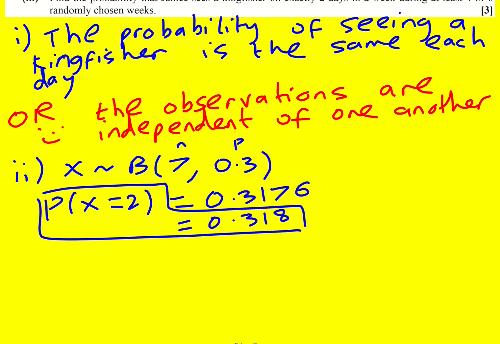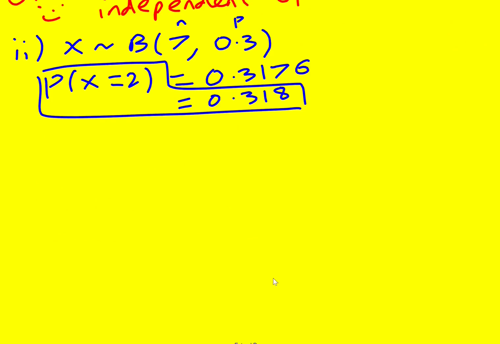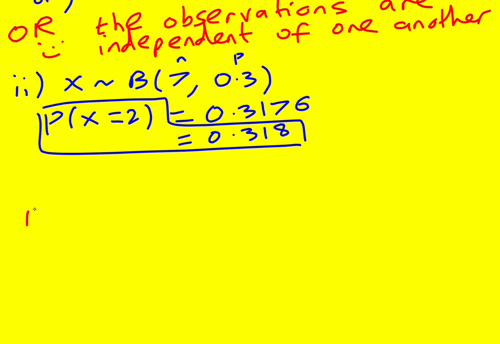Right, here's the second method showing understanding. And by the way, this can be asked on A level, so it's not just a case of forget about understanding, let's just learn how to apply it in the calculator. No, also look at the understanding. So for me to get 2 successes, one way I could get 2 successes would be to have success, success, and then 5 failures.